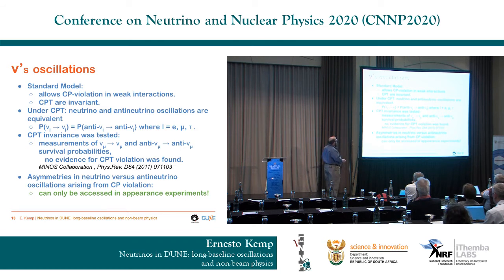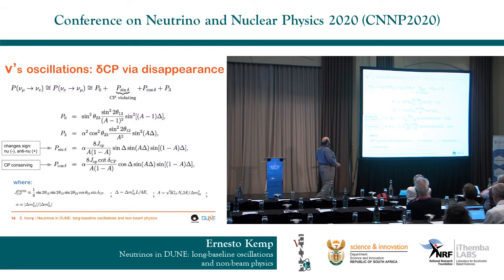So it leads to that in the lepton sector, asymmetries in neutrinos versus antineutrinos can be observed by the measurement of the CP violation, and in this case, in the appearance mode, okay? If you take the inner product of the states, you can calculate the conversion probability from nu mu to nu e, and 1 minus this gives you the survival probability.